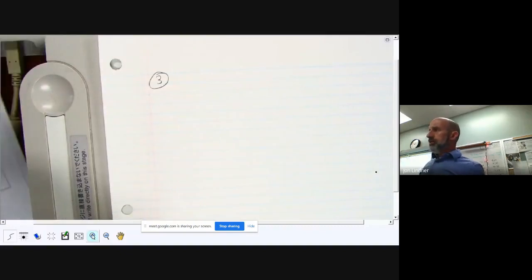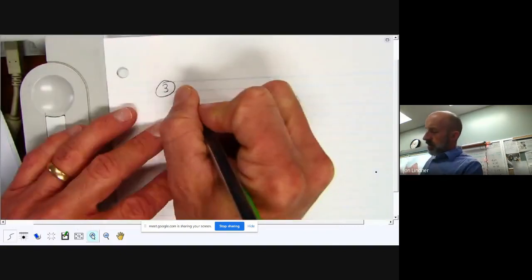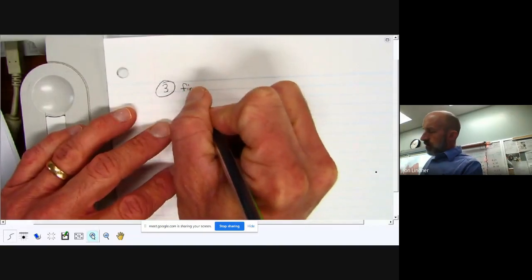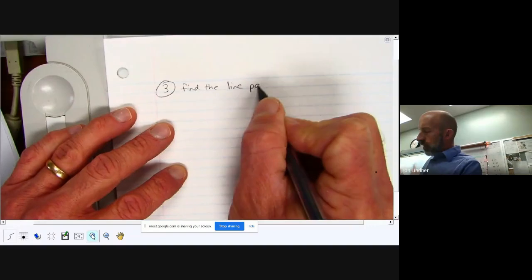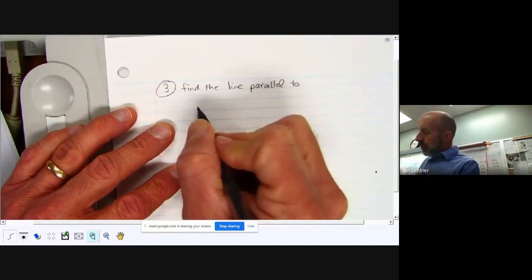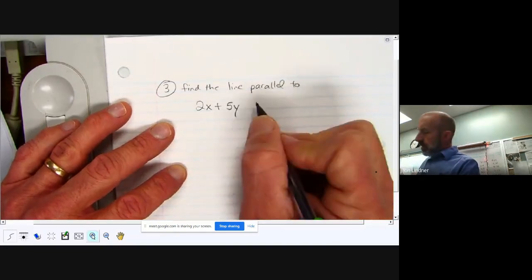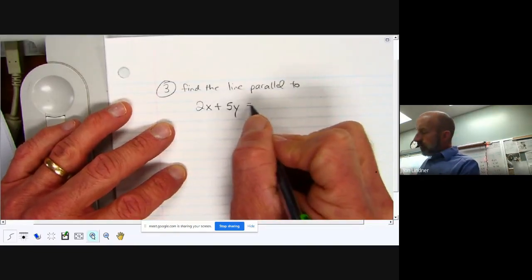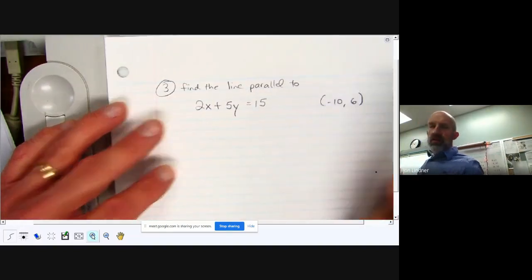What if they want you to find the line, we're going to do parallel again. We're going to come back to parallel. And the original line is 2x plus 5y equals 15. The new line goes through (-10, 6).